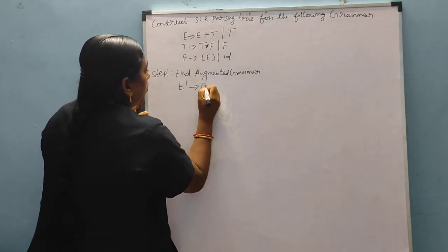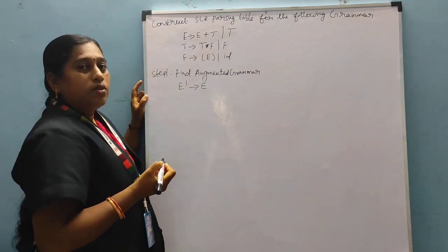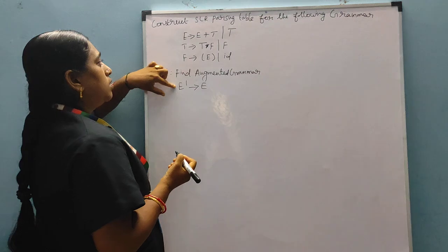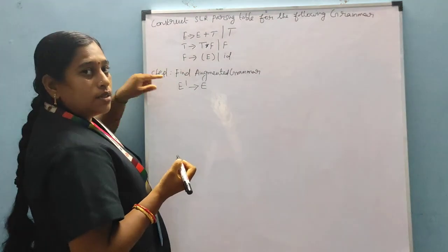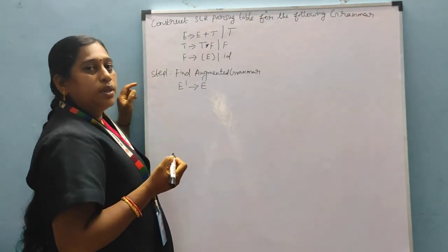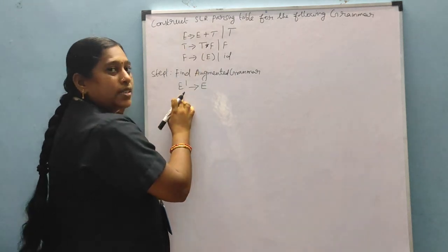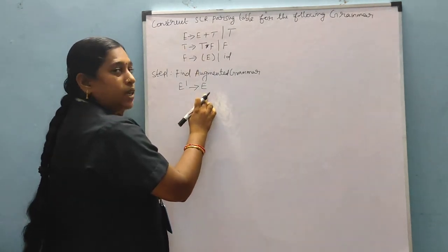E dash tends to E. In augmented grammar, we have to add this because of start. Our rule is start symbol dash tends to start symbol, so I am adding E dash as the start symbol tends to start symbol E.